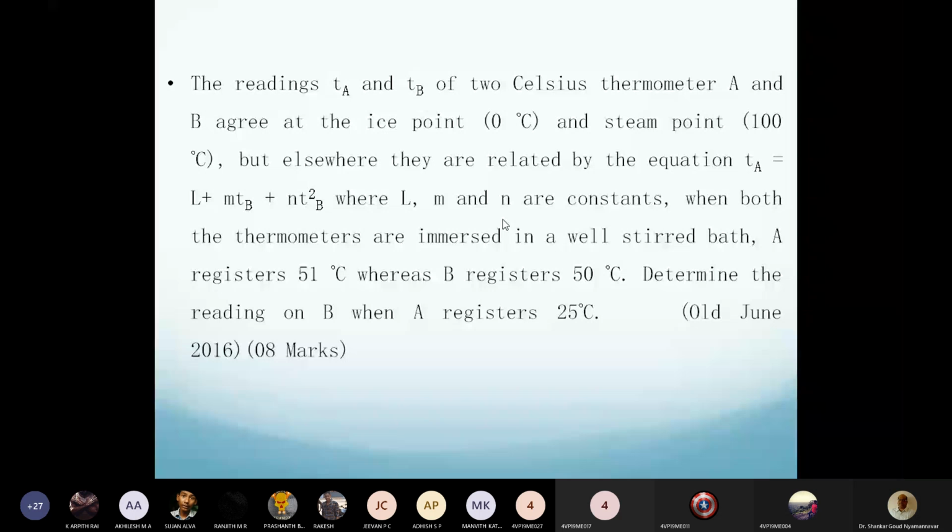Are you able to do it? Alvin, Prashant? No, sir. What is the difficulty? Did you write three equations?